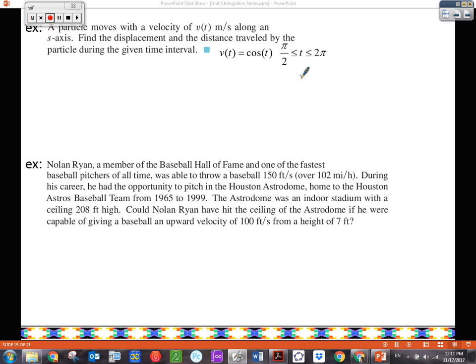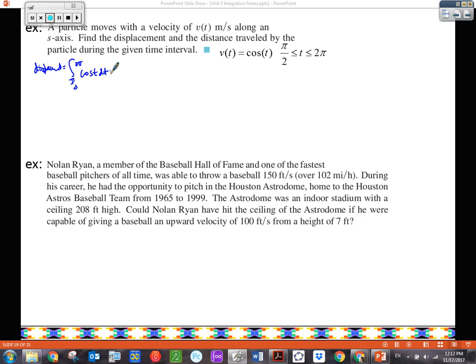So we're going to do displacement first because that's the easier one. Displacement is just going to be equal to the integral from pi over 2 to 2 pi of cosine t dt. We just compute that integral.